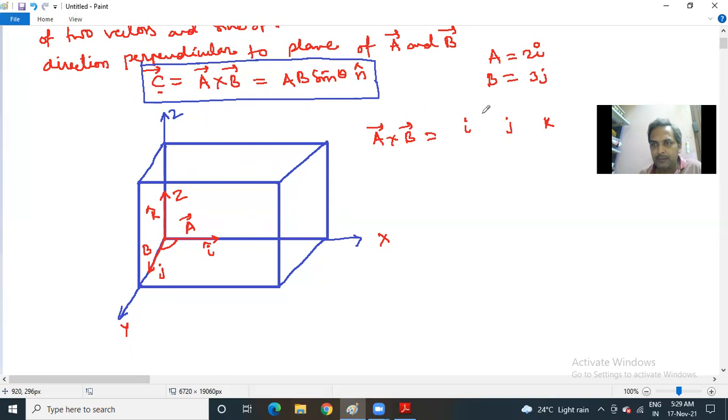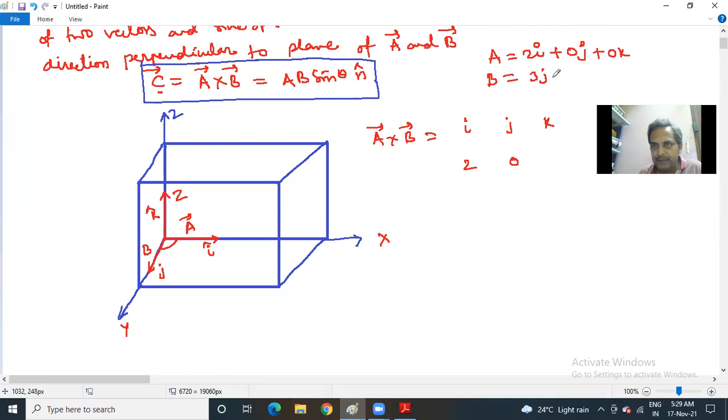Now, I took some numbers, so magnitude of A and B can be different. So this is going to be 2, this is going to be 3, and this is going to be 0, because A doesn't have j and A doesn't have k.